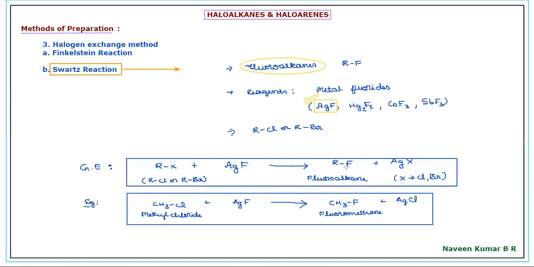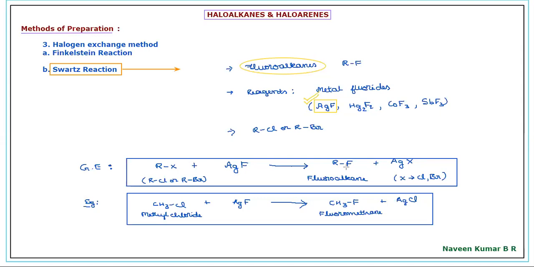Then from hydrocarbons, by free radical halogenation, electrophilic substitution reaction, and a special one, Sandmeyer's reaction, and by treating the alkenes, which is what we discussed in today's class: addition of halogen acid and addition of halogens to alkenes. And the last method, the special methods, is halogen exchange reactions: Finkelstein reaction for iodoalkane preparation and Schwarz reaction for fluoroalkane preparation.